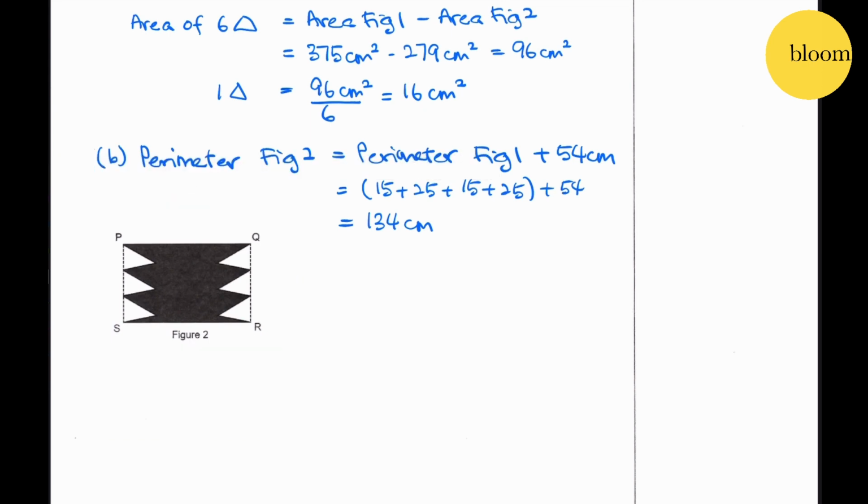So from here, we know this perimeter is 134. But we are looking for the perimeter of the triangles. Hence, we must subtract this length and this length, and we need to add these two lengths.